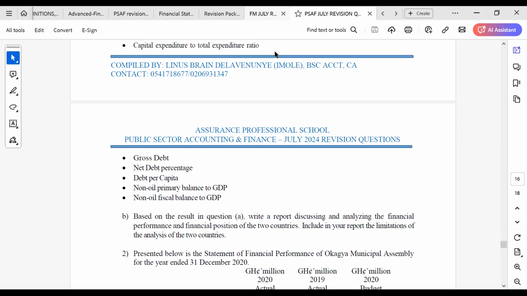Let's come to the non-oil primary balance. A quick one: the per capita, what do you write by it? Do you write per person or you just leave it like that? You write per citizen, but there is no problem with that. They are asking per capita.